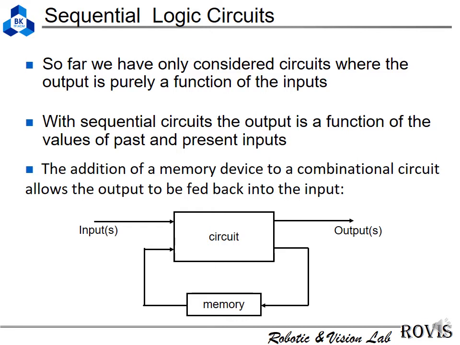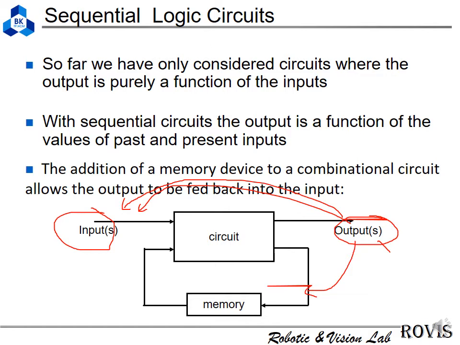Previously, we had the input and then the output, so the output was related just to the current input. But in sequential logic circuits, the output is not affected only by the current input, it is also affected by the previous output.